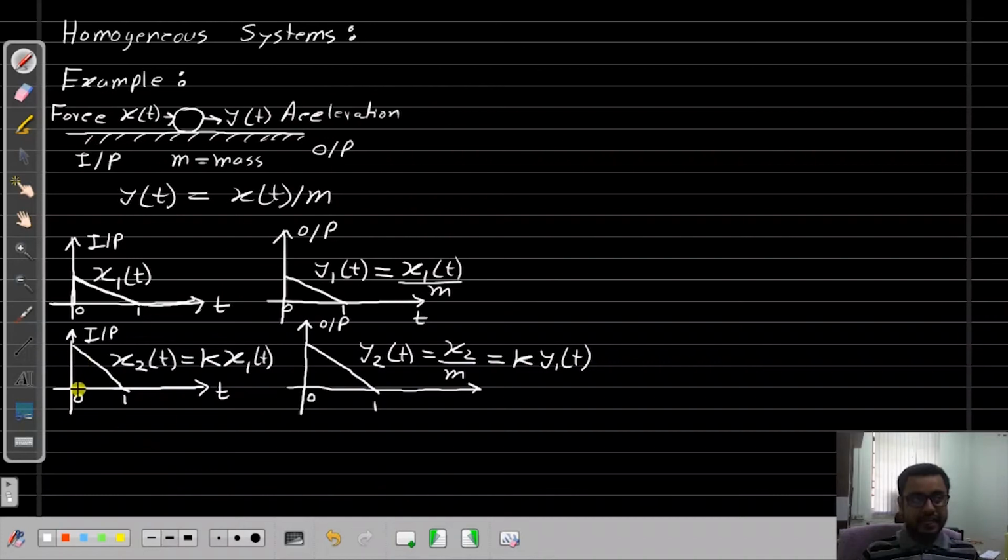So you observe that if you increase the input by a constant factor, output also increases by the same constant factor.